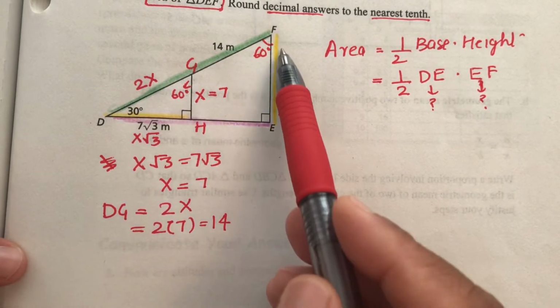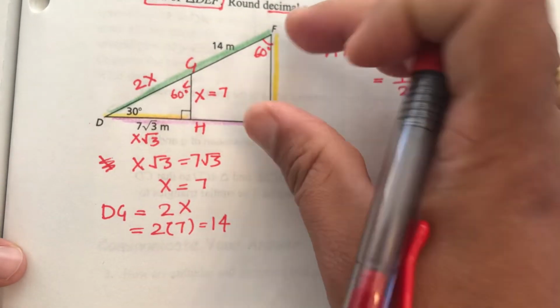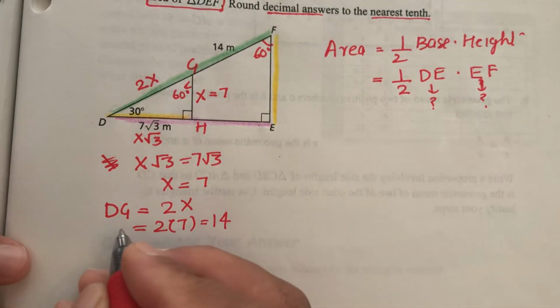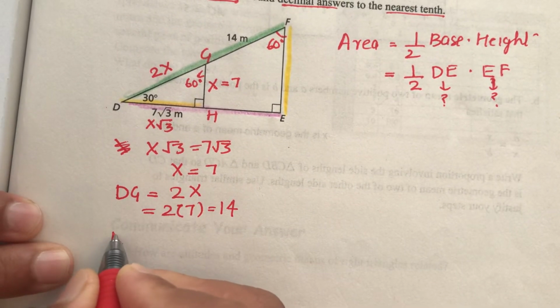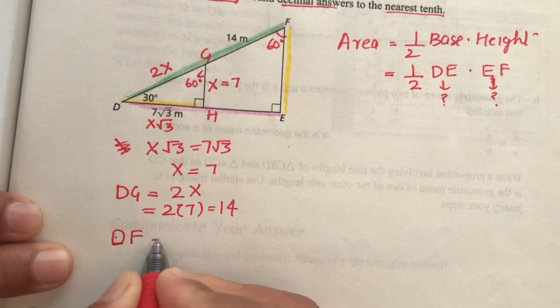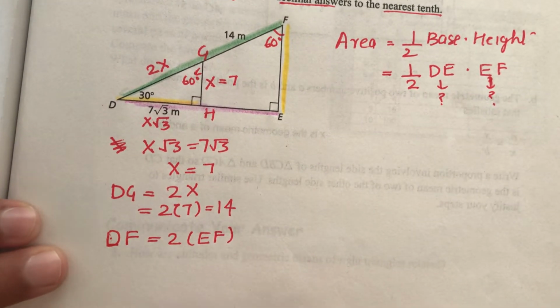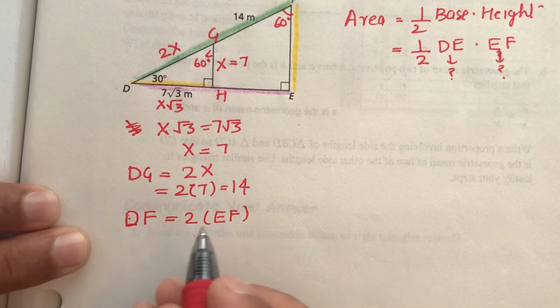But that is going to help me here. If I get 2x, I know this hypotenuse DF is twice of EF. So I can write down my next equation: DF is twice of EF. And I have to find out DF.